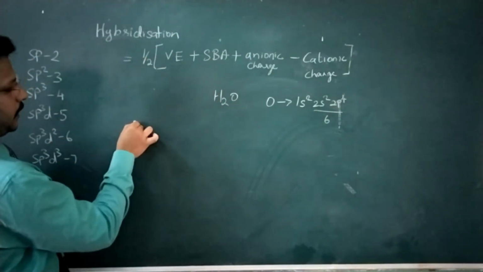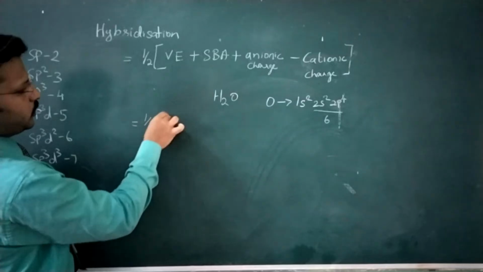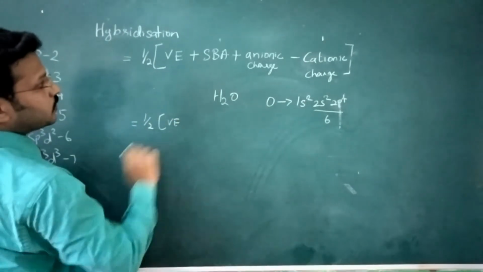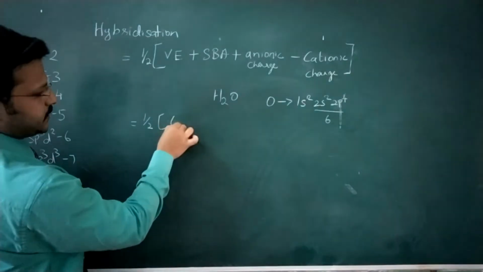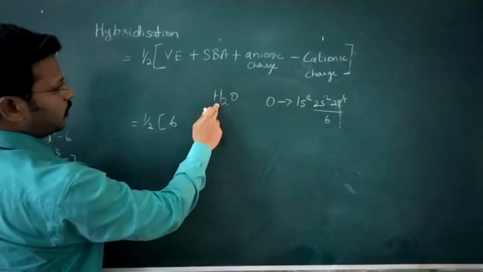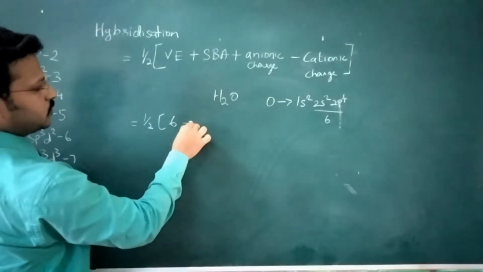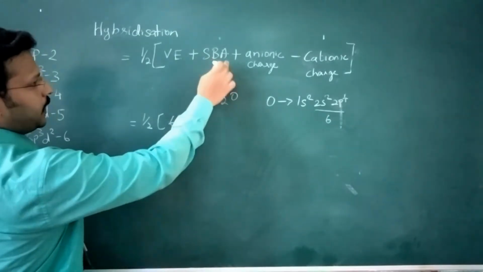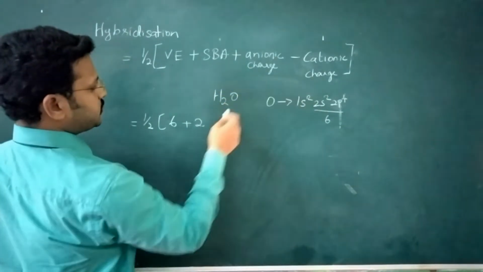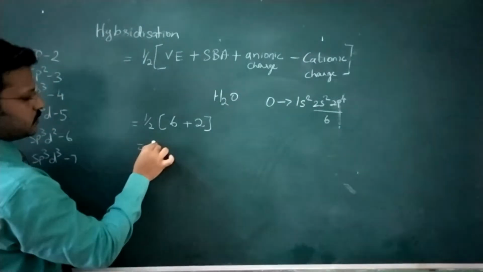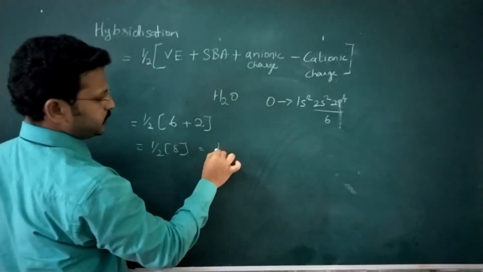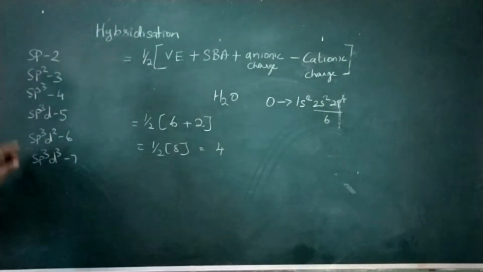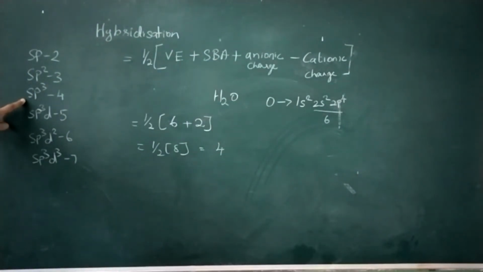Using the formula, half into valence electrons plus number of side atoms: valence electrons are 6, and the number of side atoms in water is 2. There are no anionic or cationic charges. So half into 8 is 4, the hybridization value here is 4, and with respect to 4 we have sp3 hybridization.